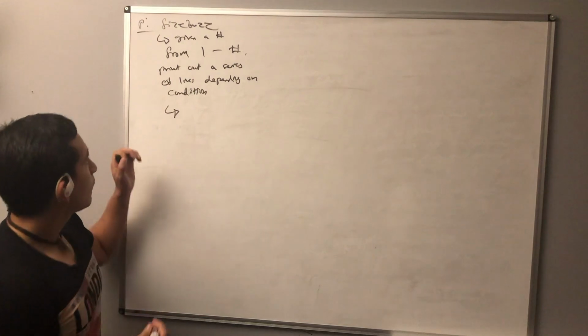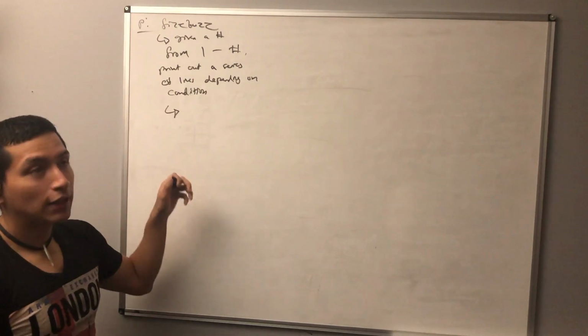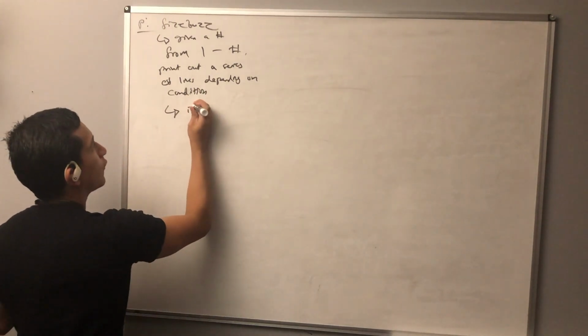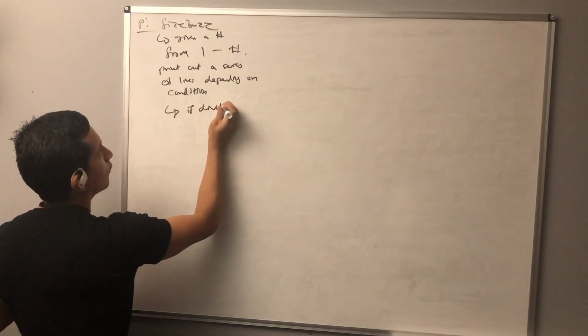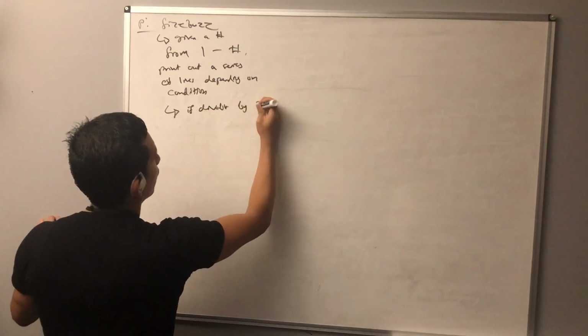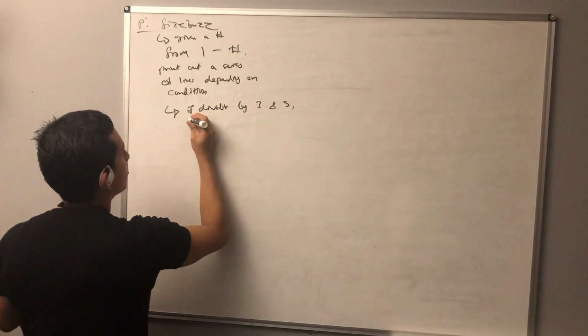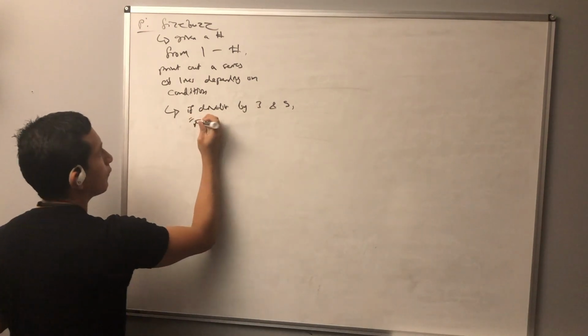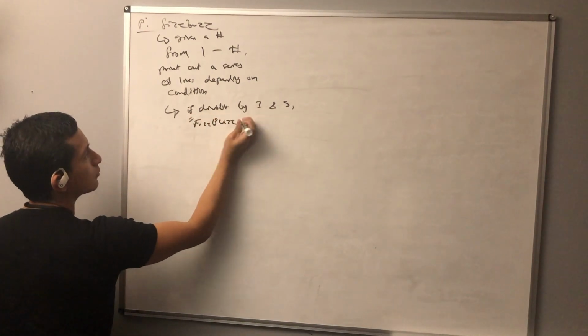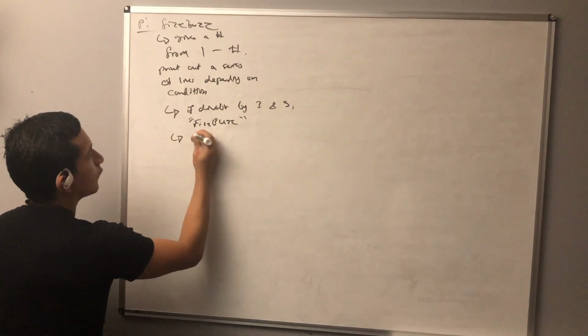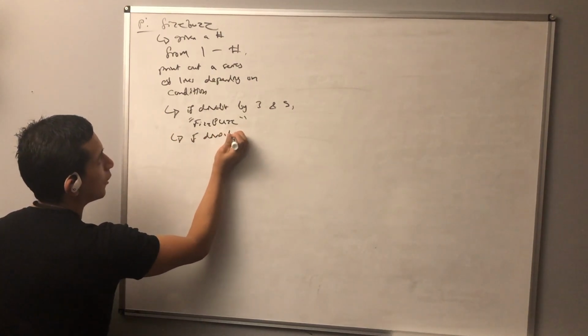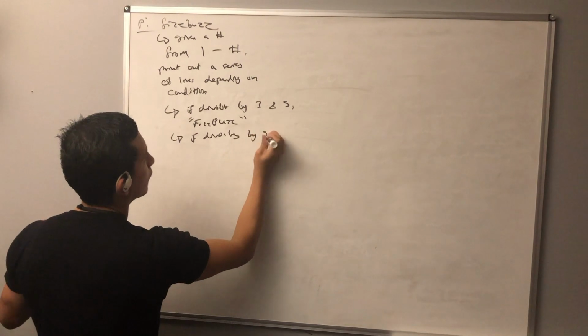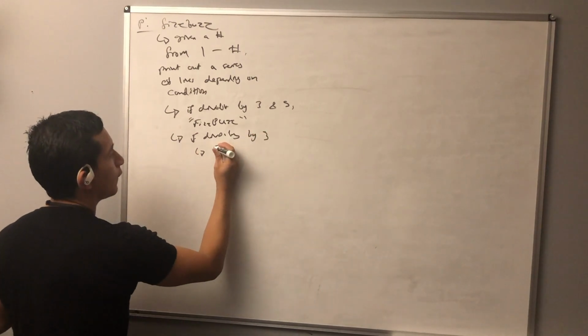So some of these conditions, as I stated before, is if divisible by 3 and 5, print out FizzBuzz. If divisible by only 3, print out Fizz.